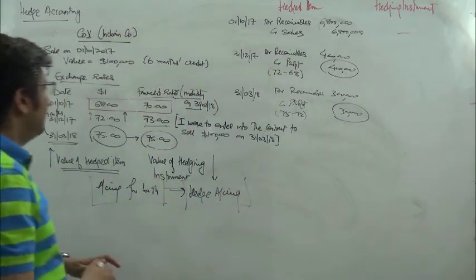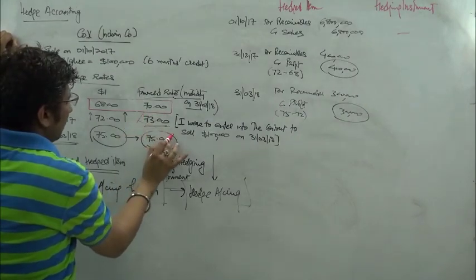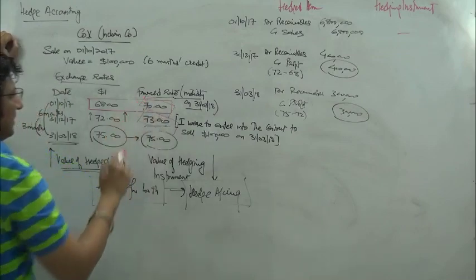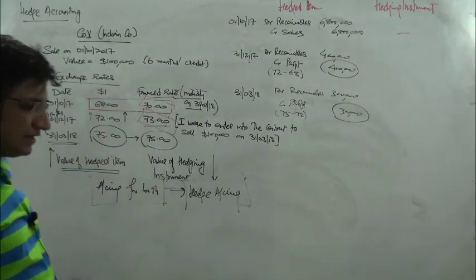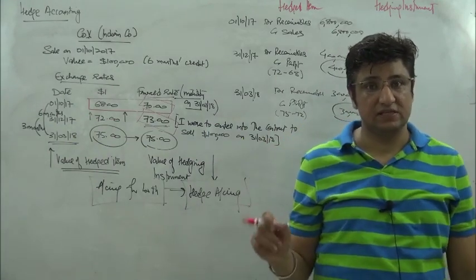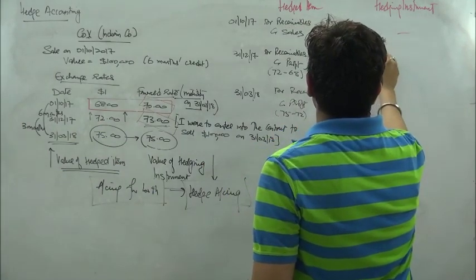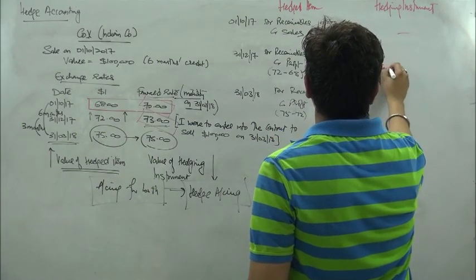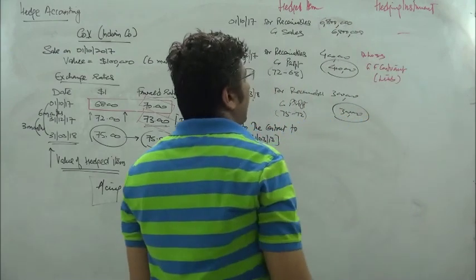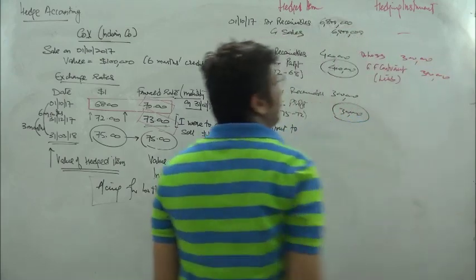Moving a bit farther, I see that the contract would have been at 73, but I can only settle it for 70, which means that on each dollar I've made a loss of 3 rupees, right? So that means that I need to now recognize a loss and say that my contract is now a liability of 300,000.